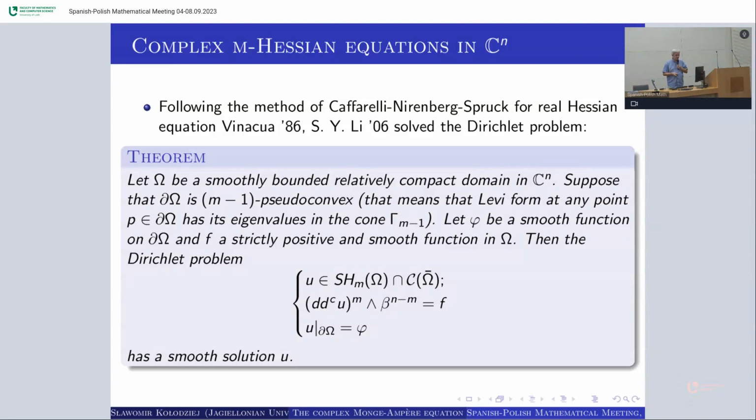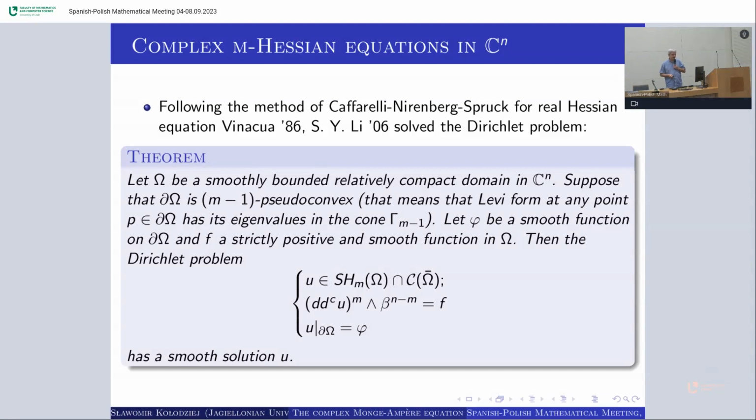The convex domains are just a special case, but it doesn't matter. Then we impose some boundary data, which should be smooth, and we solve the m-Hessian equation, obtaining, in this case, smooth solutions. So if f and phi are smooth, then the solution is also smooth.